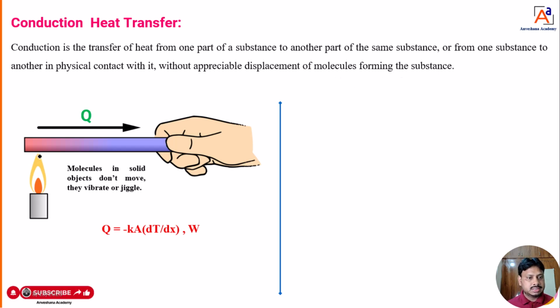That means conduction is a mode of heat transfer in which heat transfers from one part of the substance to another part, or one part of the system to another part of the system, where the molecules are at rest. That type of heat transfer we are going to call conduction heat transfer, dear students.